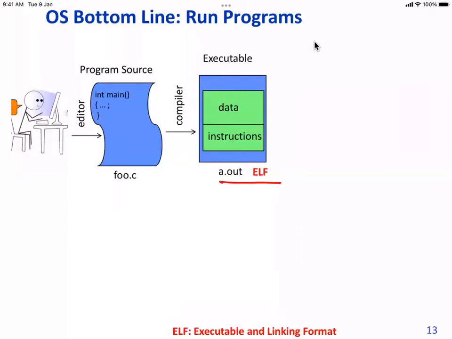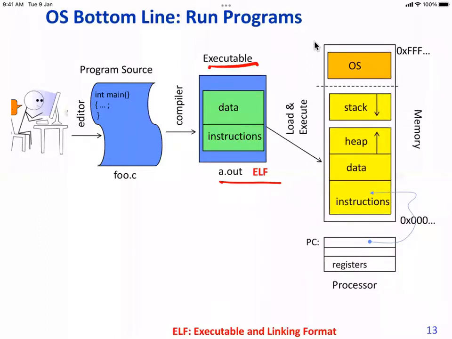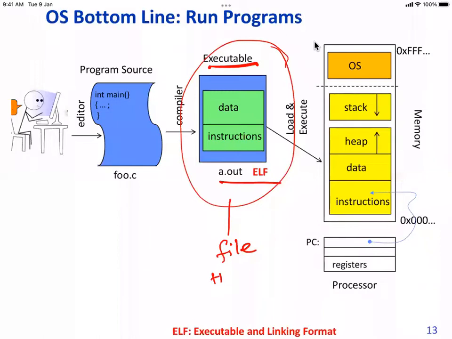Here a single step is shown to reach the executable, but it consists of multiple steps, and you will learn all about it when you study the compiler course, right? And when this executable is available to us, note that the executable is a file, and it's in the hard disk or flash, whatever, secondary memory.